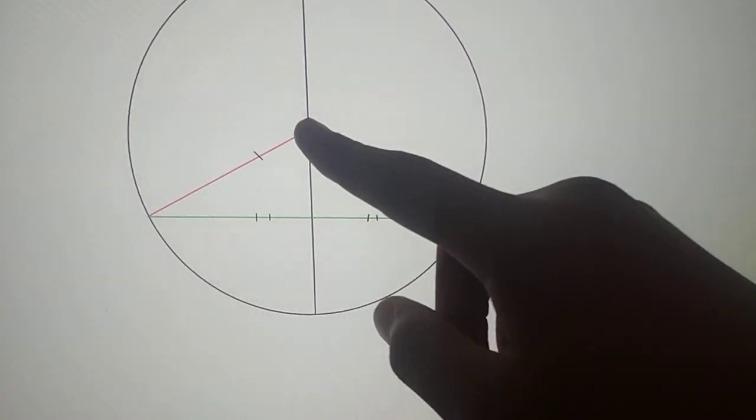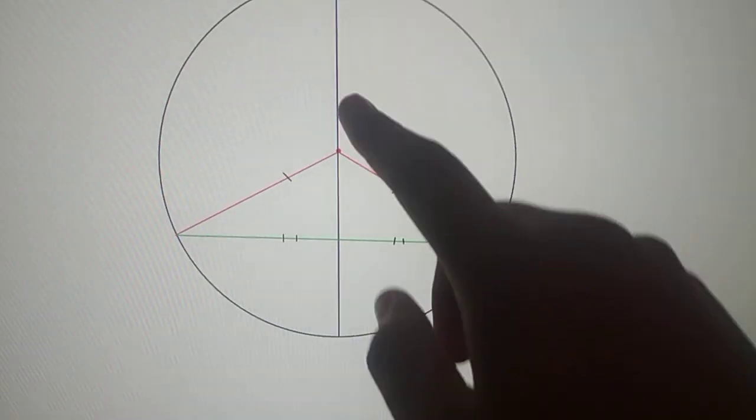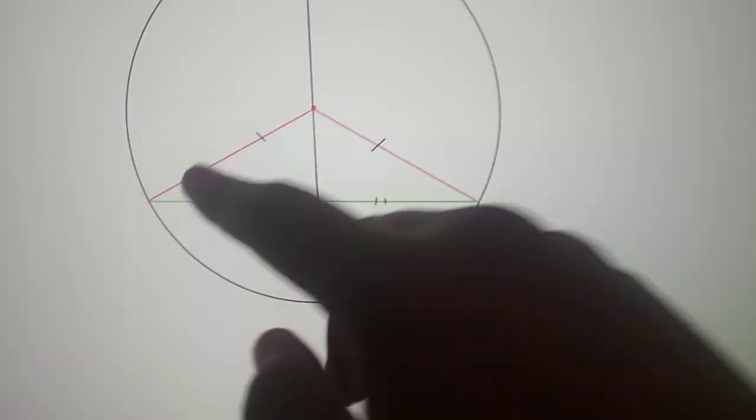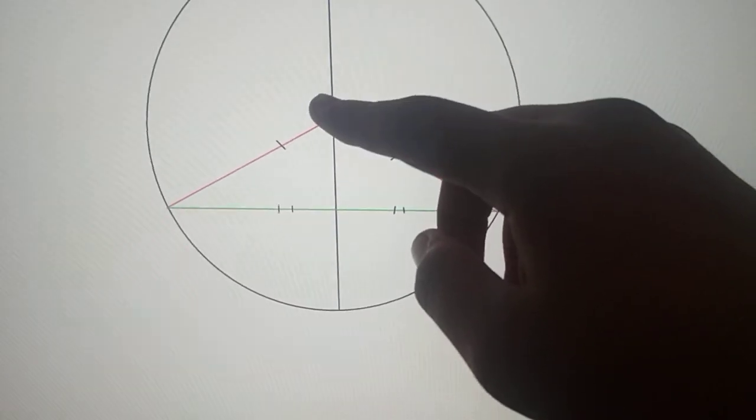And this third line is equal to itself. So if we have these two triangles over here, we know that this side is equal to this side, and this side is equal to this side, and this side is equal to itself.